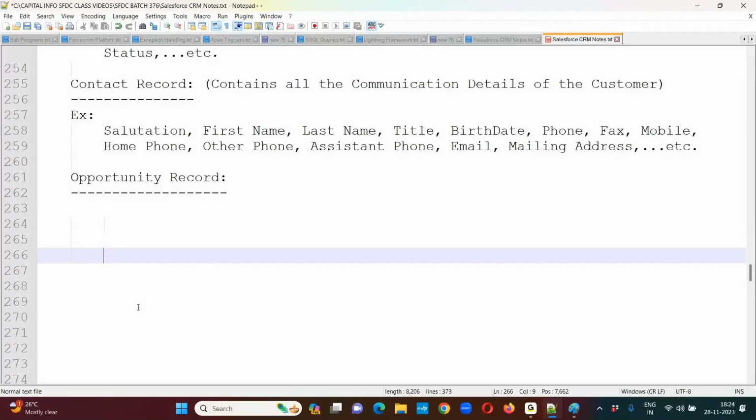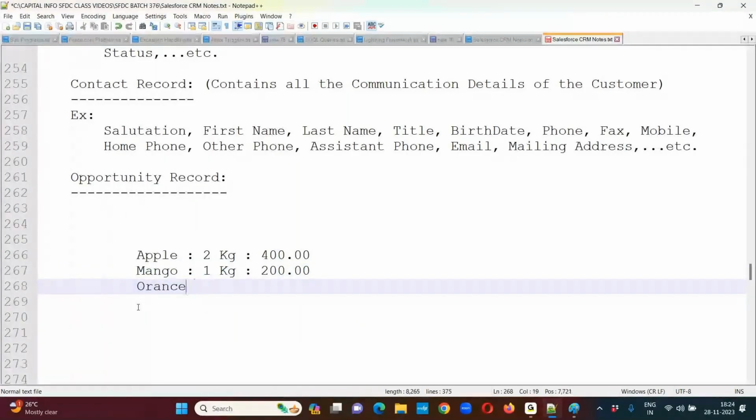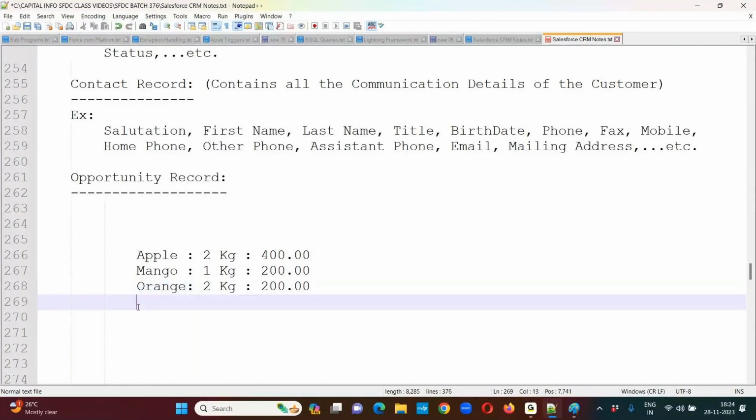This is the bill here. I have collected some apple, 2 kg, that is some 400 rupees. Some mango, 1 kg, which is some 200 rupees. Orange, 2 kg, that is 200 rupees. Some potato, 1 kg, which is some 50 rupees.